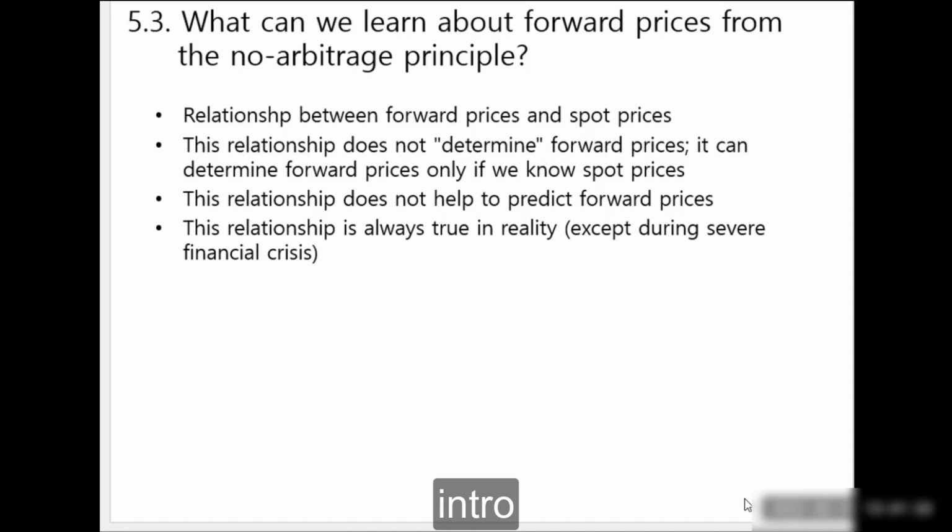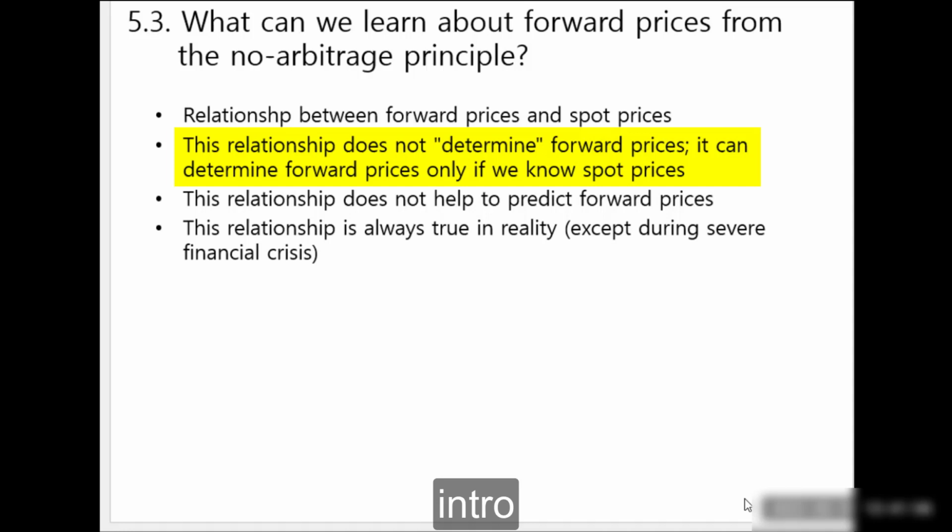And as I emphasized last time, these two are in symmetric relationship. It's not like one of the two is determined first and then the other one is determined. In reality, these two prices are determined simultaneously. So if you think about KOSPI 200 and KOSPI 200 futures, they are determined at the same time.